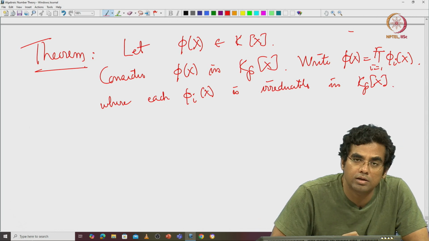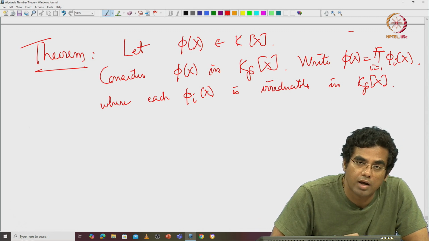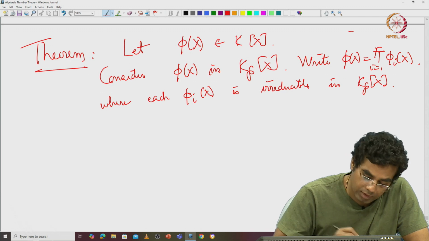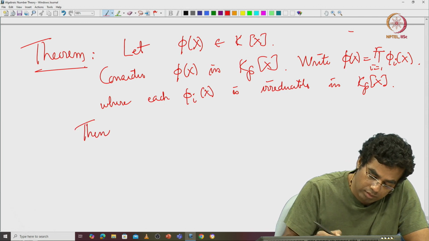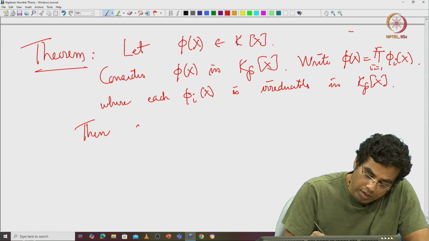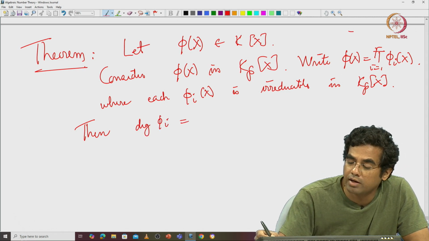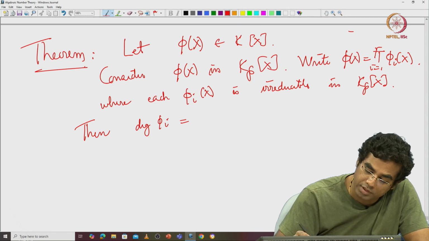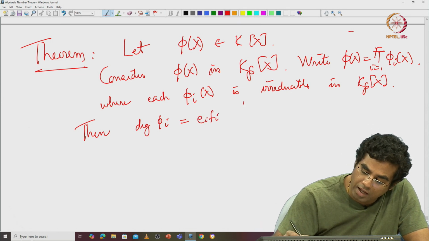So, I am taking a decomposition of phi into irreducibles over K_p[x]. Then the degree of phi_i, and there is a reason why I took i going from 1 to r, is e_i, up to reordering.